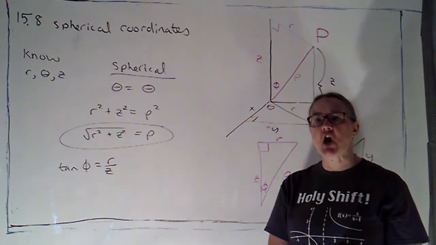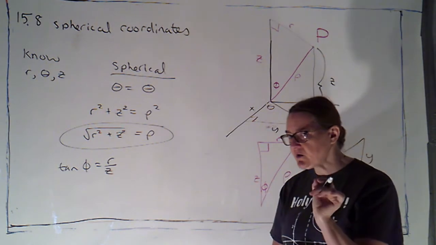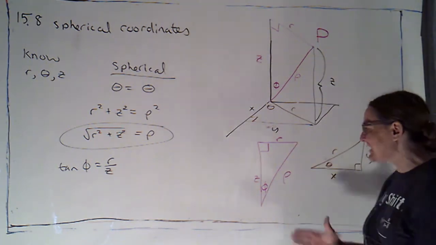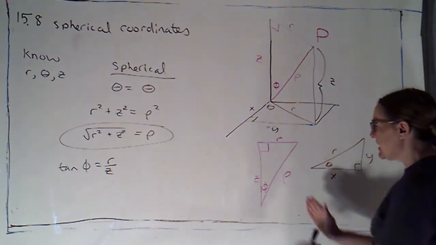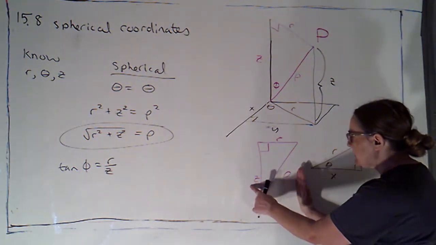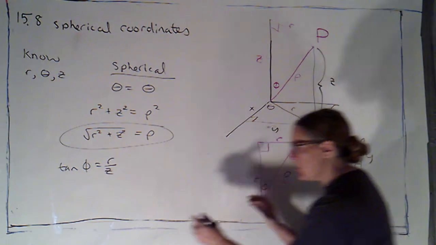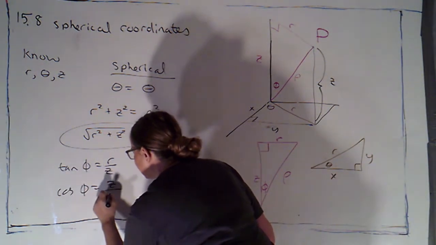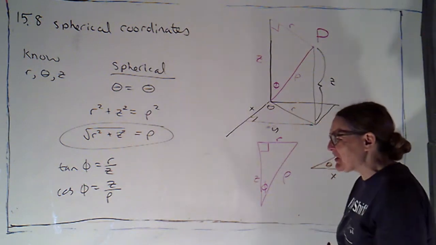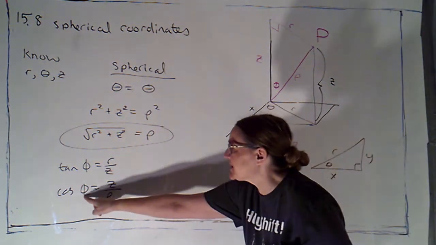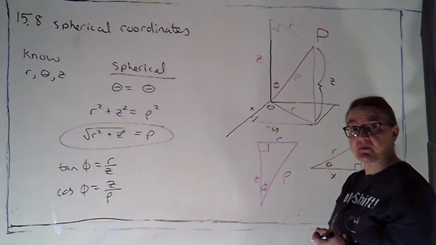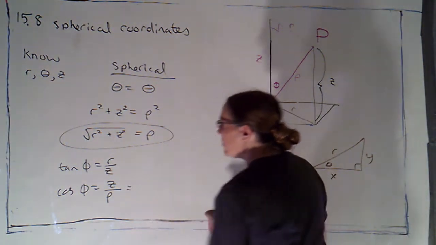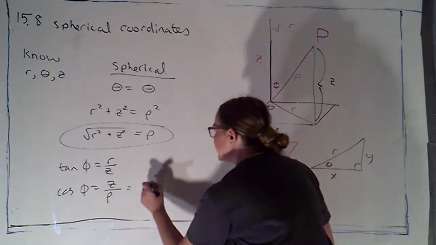So I'd rather use cosine. If I can use cosine, the range of inverse cosine is exactly the same as the range of phi. So if I look, cosine would be z over rho. Now it seems like that doesn't really help me so much, because I was trying to express phi in terms of just my cylindrical coordinates, but I can express rho as root r squared plus z squared.